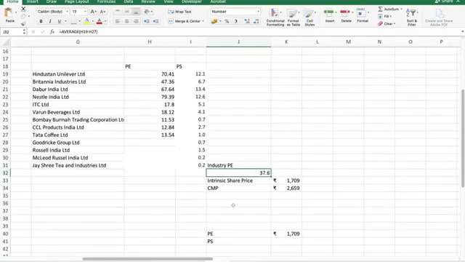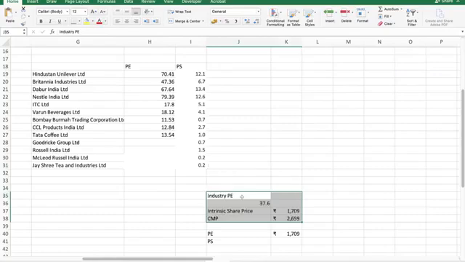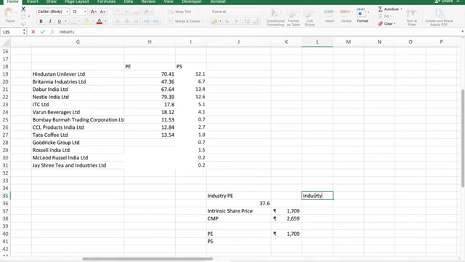So industry P we already have. What we need is industry P by S. So how do we get that?